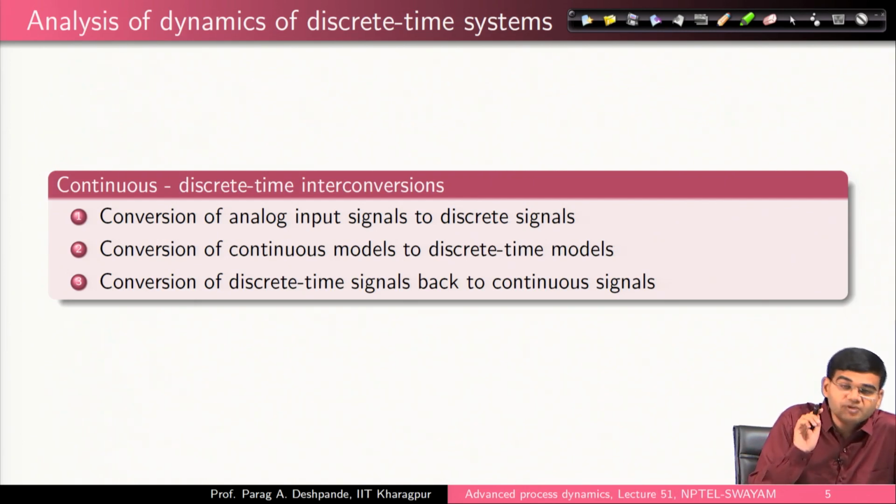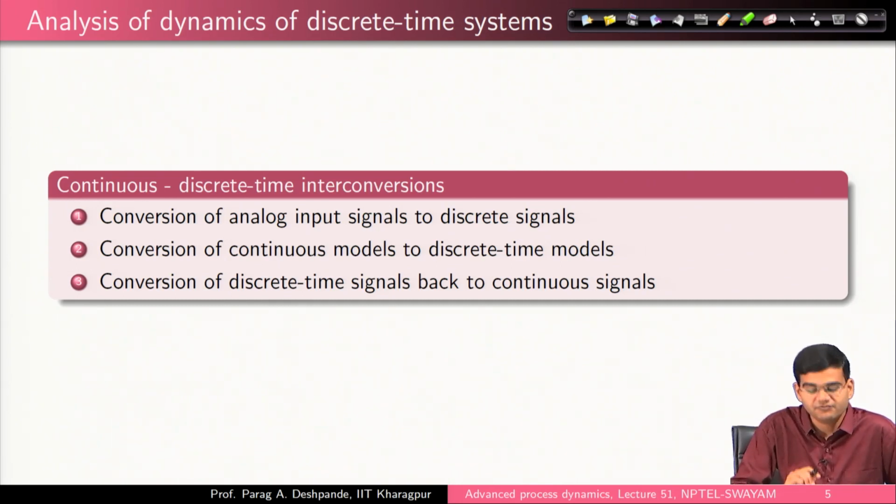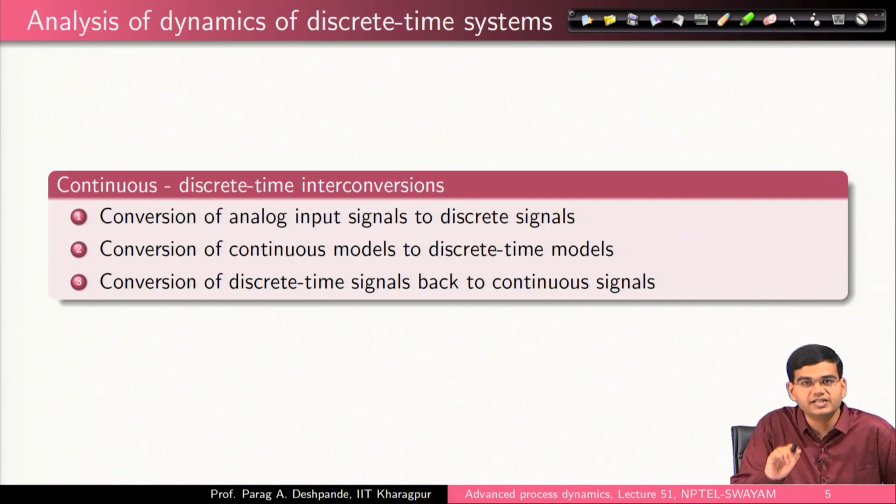So, you need to come up with a method to convert an input signal which is continuous to a discrete signal, and we will realize that this is a very important step, because you may induce a lot of errors during this step, and if you induce errors in conversion of continuous to digital signals, obviously because the input to your digital controller is the digital signal, if the digital signal itself is wrong, your control action also would be wrong. We will see this in the next lecture.